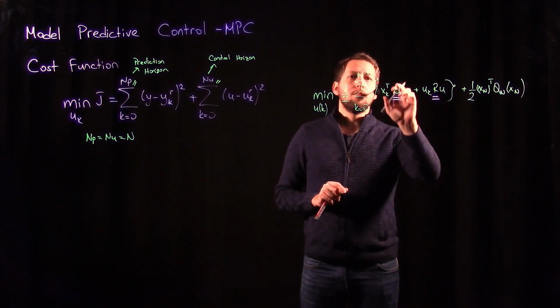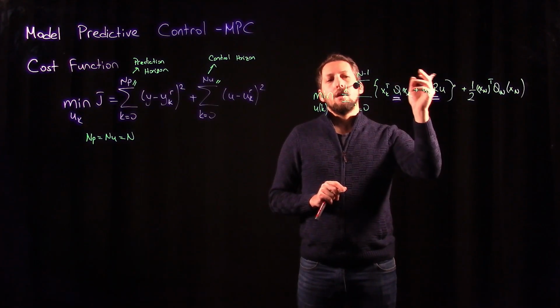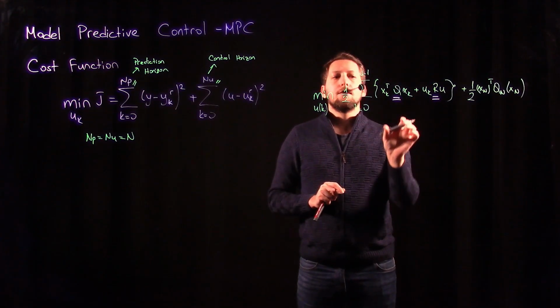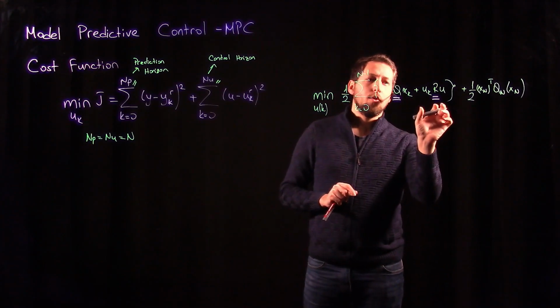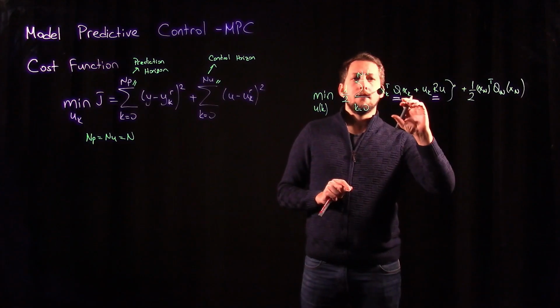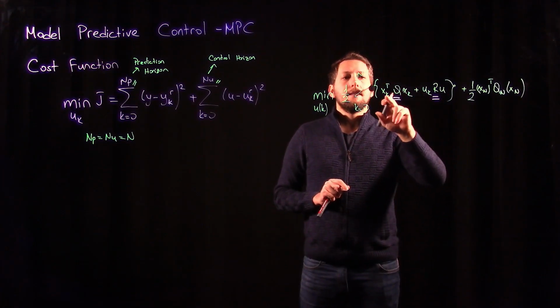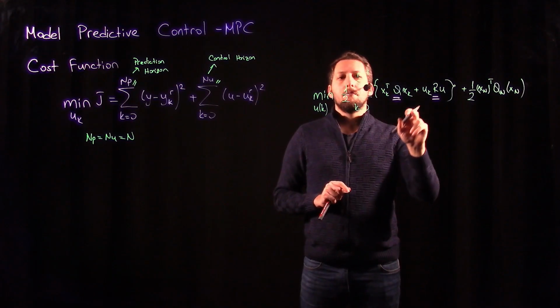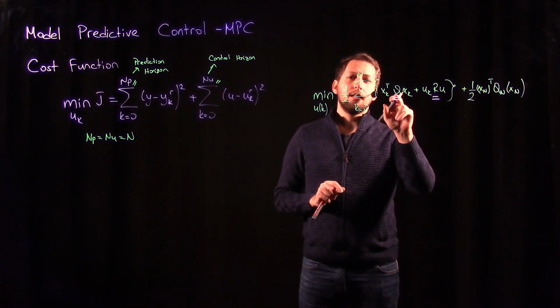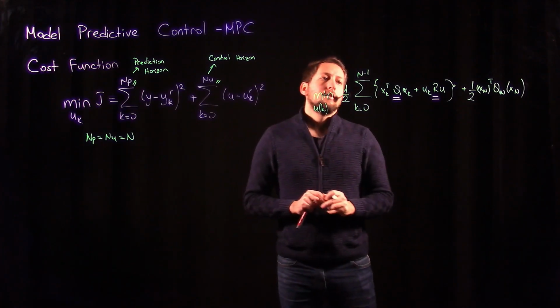As you can see, the more the weighting factor increases, the more the importance of that specific state or input increases for us, because when we have a state error or input error, it will be multiplied by that specific weight factor, and this will increase the overall cost function, which is not good.